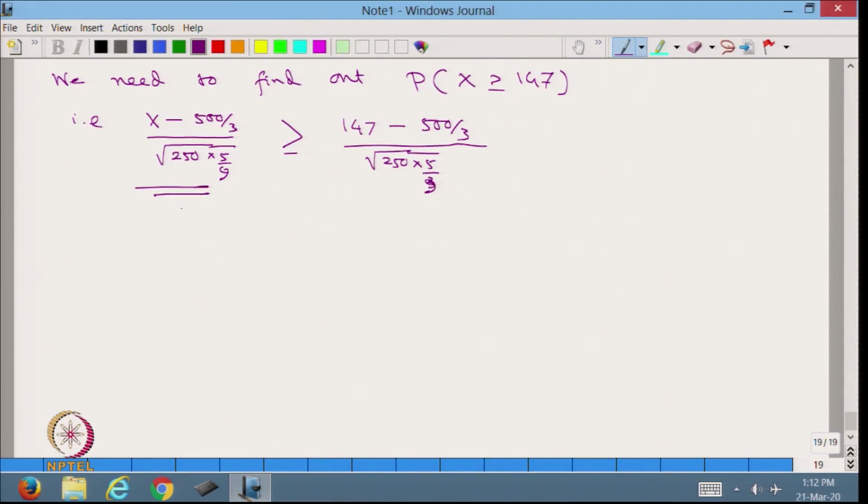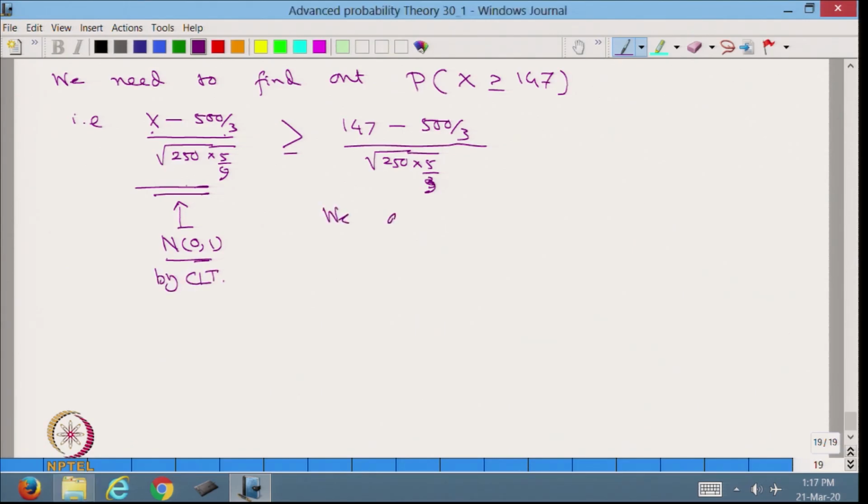Now, this is standard normal because X is a binomial random variable, and n is pretty high, equal to 1000. Therefore, (variable minus mean) upon standard deviation converges to normal 0, 1 by CLT.